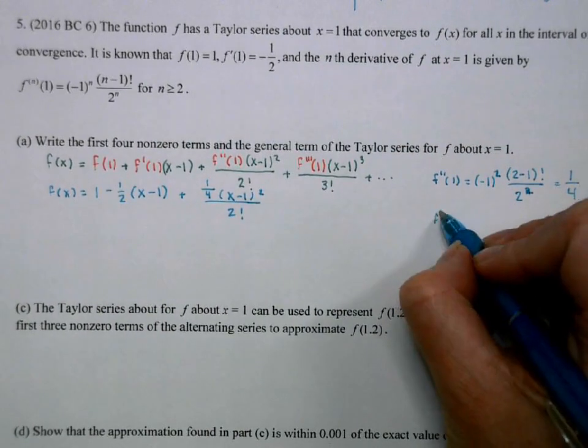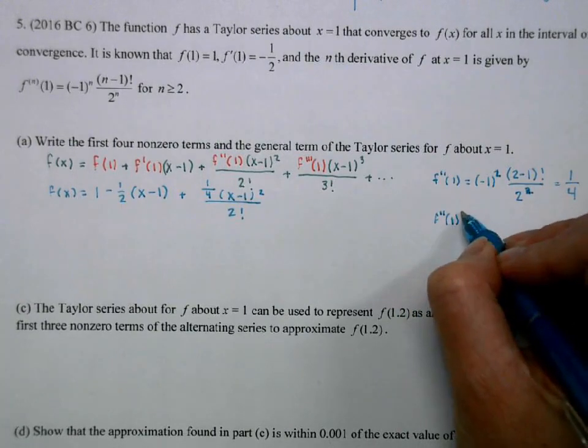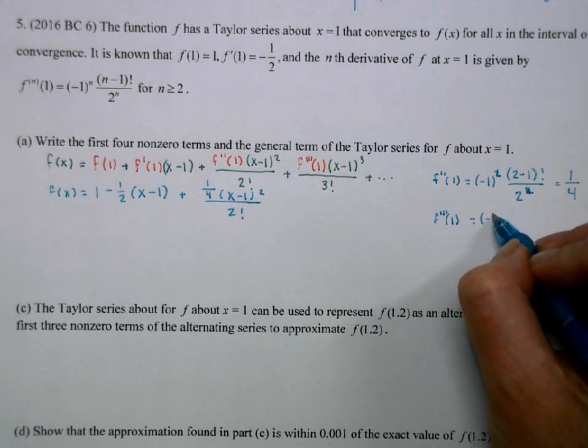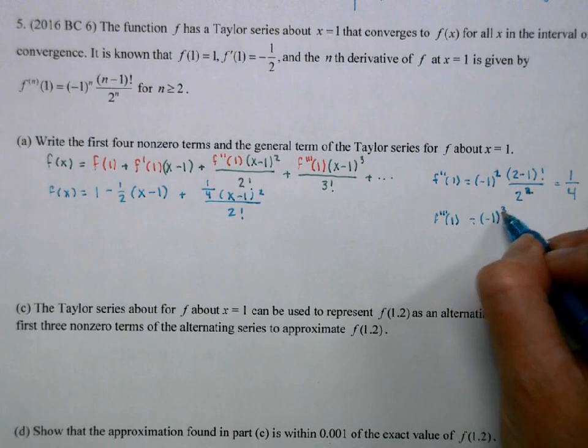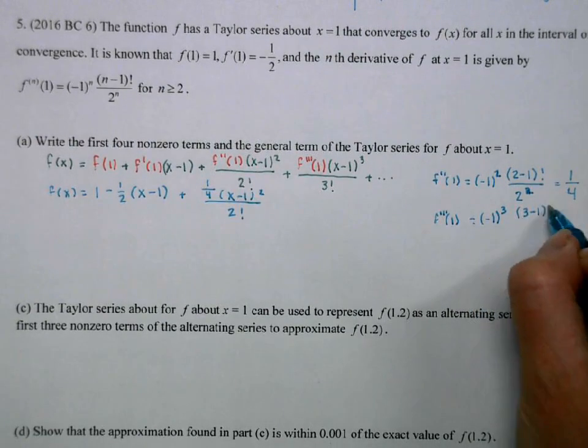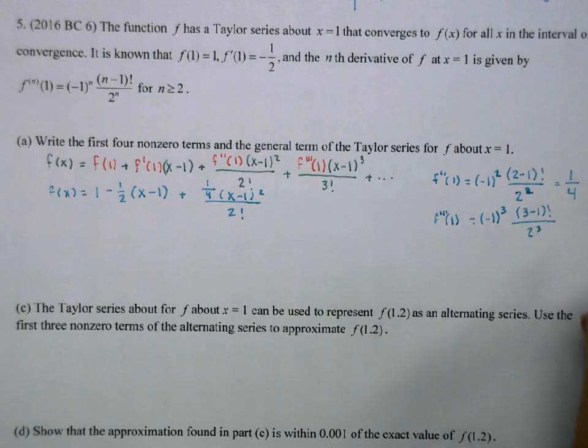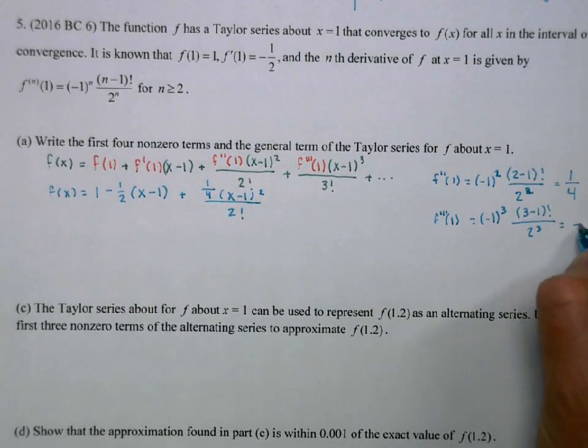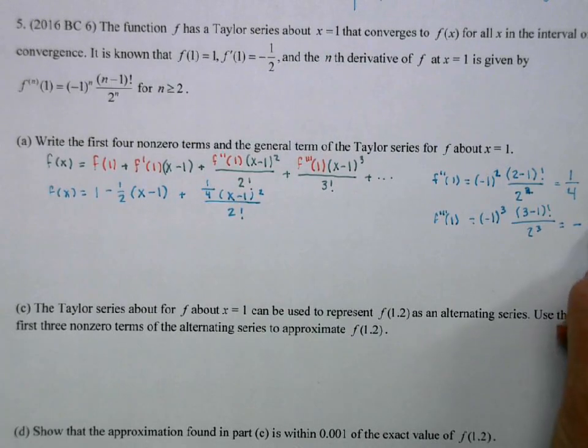So my third derivative is going to be -1 cubed. In the top, we're going to have 3 minus 1 factorial over 2 to the 3. So this will be a -2 on the top, because 2 factorial is 2, over 8.